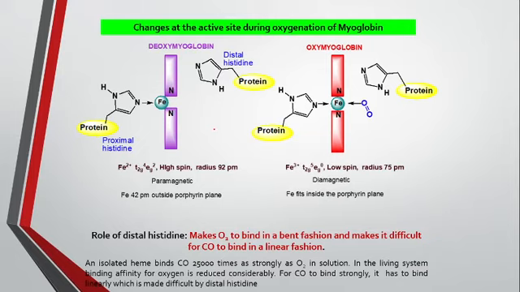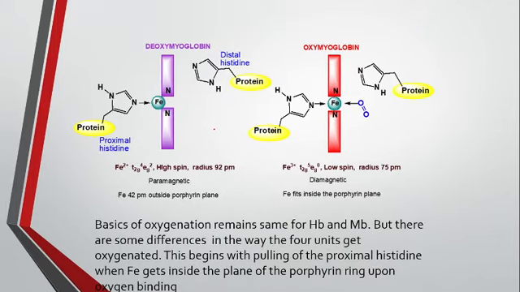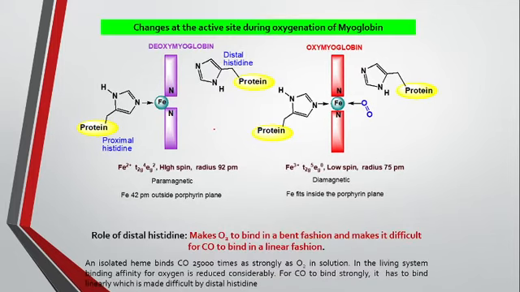Here, this is the structure of oxyhemoglobin and oxymyoglobin. Whenever this is the deoxy form of the myoglobin, it is similar to that of the oxyhemoglobin.